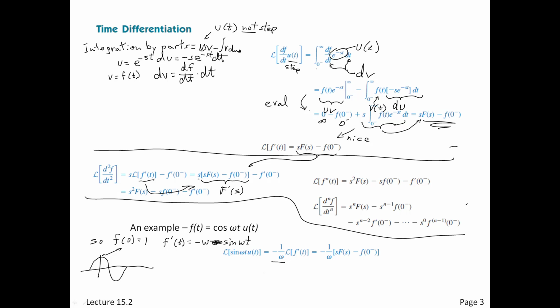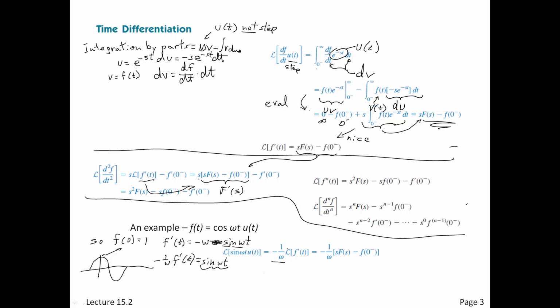Why have I got this? Because we want the Laplace of the sine, so we've got to multiply: 1 over omega times f prime of t is the sine of omega t, right? And we want to find the Laplace of this.